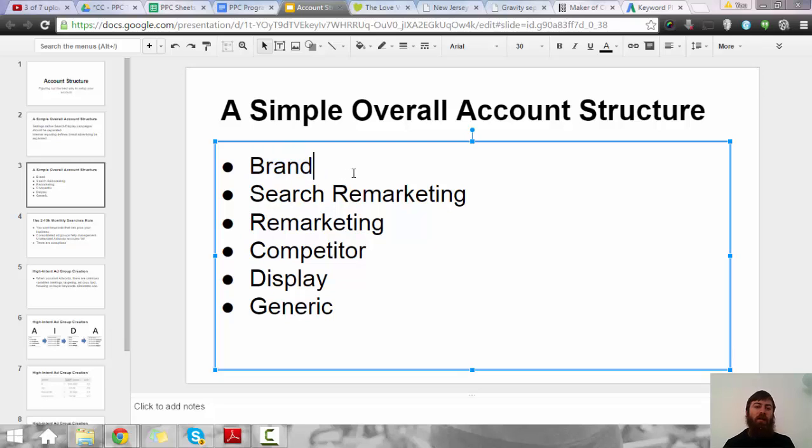First, the brand campaign is search. This is a search campaign, and the brand campaign is going to be comprised of your brand keywords, and I'll go into that in time. This is a lagging campaign because it's based on results you get.